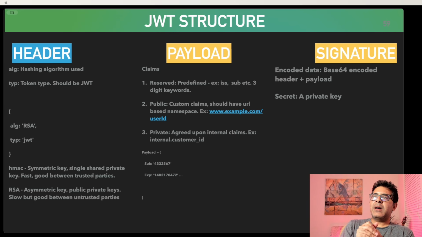And then they have some private as well. So private is also like public, but in the private one, you have a set of keyword which only the client and server understand, that they have an agreement on.